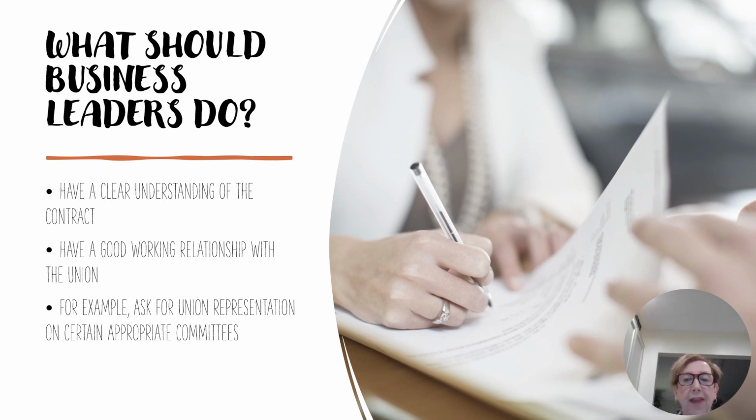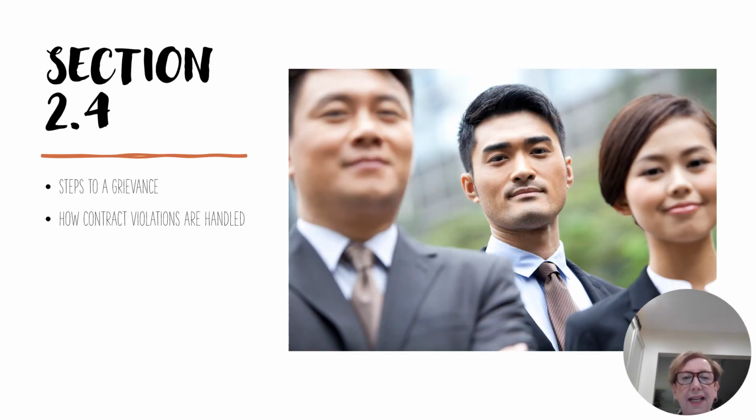Another important thing is to have good working relationships with the union. For example, you could ask for union representation on certain committees. And finally, in Section 2.4, it shows the steps to a grievance, which is simply how contract violations are handled.